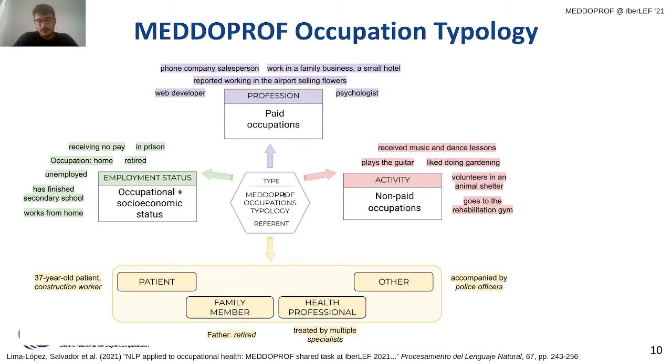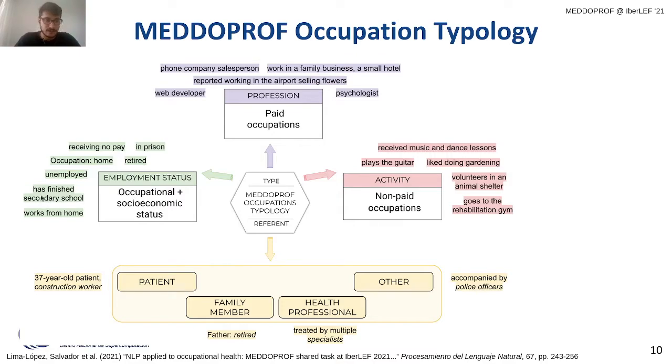On the one hand, we have these three occupation types. We have professions, which are paid occupations, for example, web developer, psychologist, and some which are more descriptive, as I showed earlier, such as work in a family business, a small hotel. We also have employment statuses, such as occupational and socioeconomic statuses.